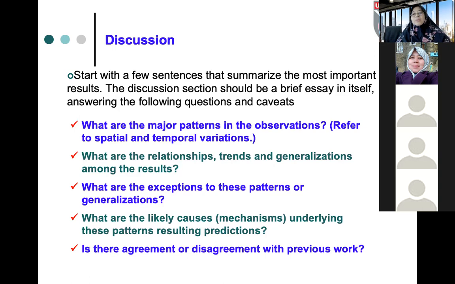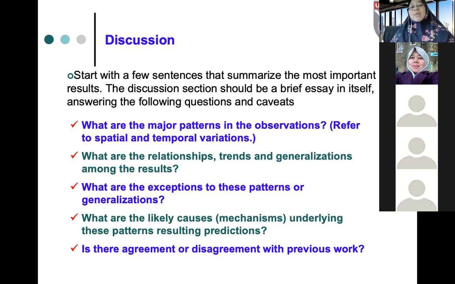But it is good, if you do not have previous work, you at least support the data based on theory. Okay, any theory, thermodynamic, kinetic, chemistry that you know can support the observation, the trend of your results.